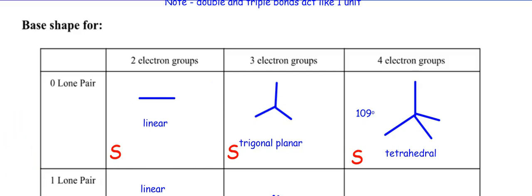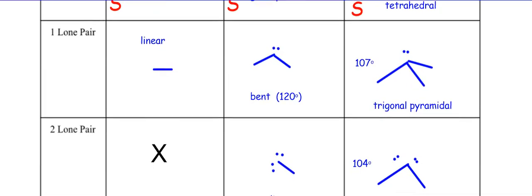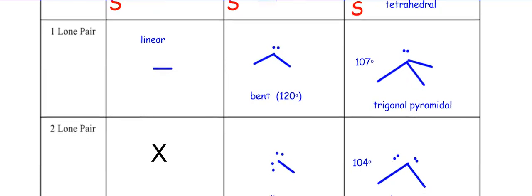So what if I have 1 lone pair? Well, again, I am assuming that each one of these things are the same. So this has the same element on both. These have the same elements on both, okay? Because then if you start mixing and matching some elements, it's all going to depend on if it's a big 4 or not. So what am I going to do here?